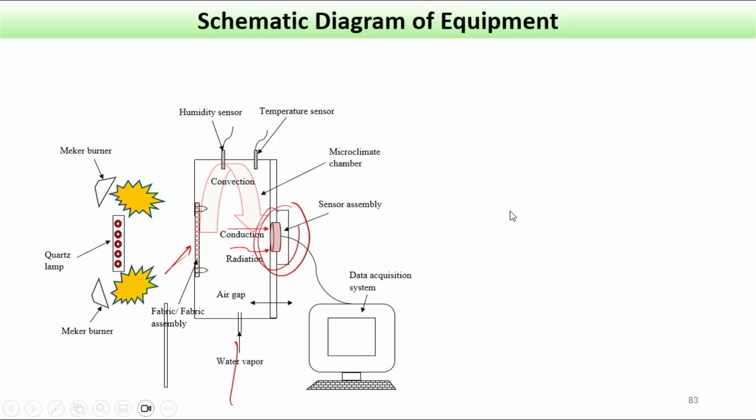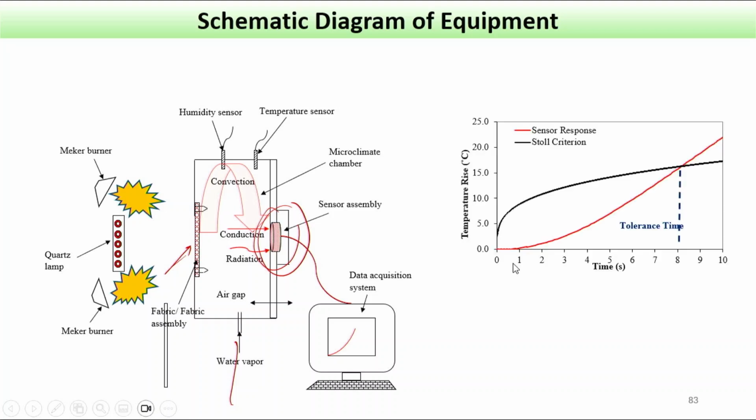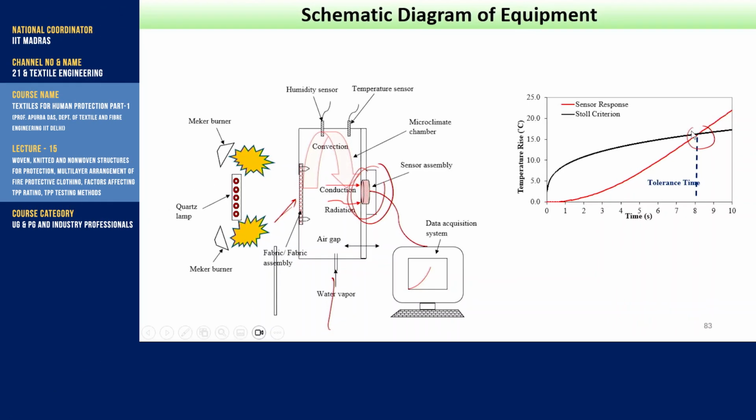Convection takes place, and then through the computer we calculate the second degree burn. With the help of the Stoll curve we get the tolerance time, and accordingly we calculate the second degree burn time and TPP rating.